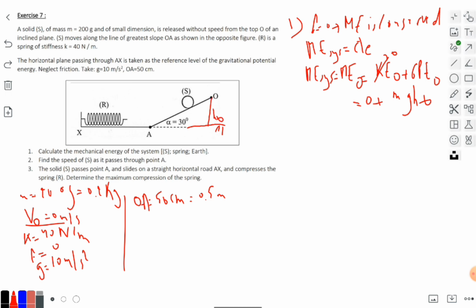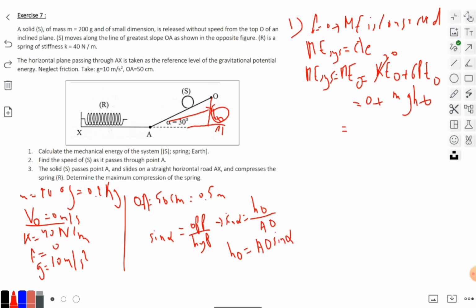So apply sine alpha. Sine alpha is equal opposite over hypotenuse. The opposite of alpha is HO, so sine alpha equals HO over hypotenuse, it's AO. Then HO equals AO sine alpha.